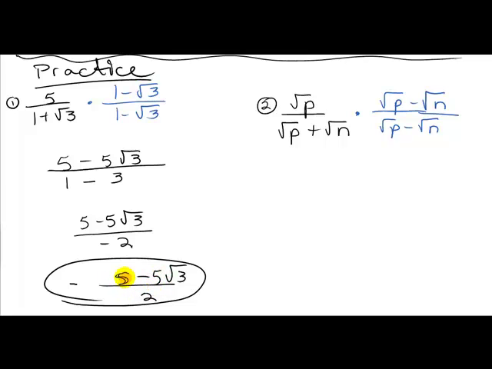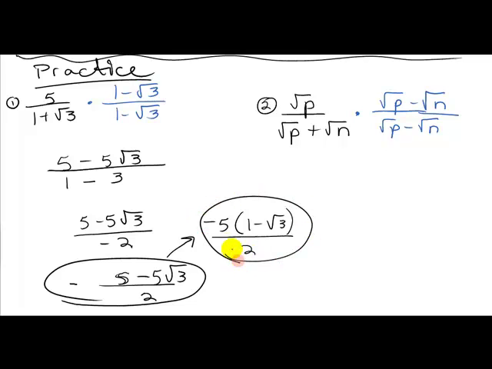If it won't take it, then factor out the 5. And so your 5 would be on the outside. You would still have the negative in front. So we could have negative 5 and then 1 minus square root of 3 over that 2.